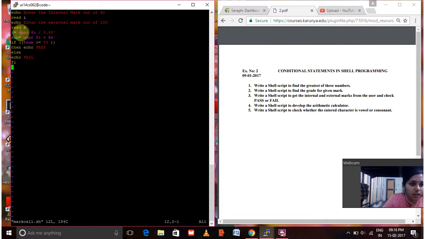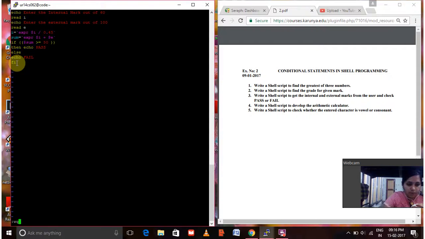In the external mark, it divides the mark by 0.45, and in sum it adds the internal mark plus the external mark. If the sum is greater than or equal to 50, then it prints pass, otherwise it is fail. Because we are using the if statement, we are ending it with fi.